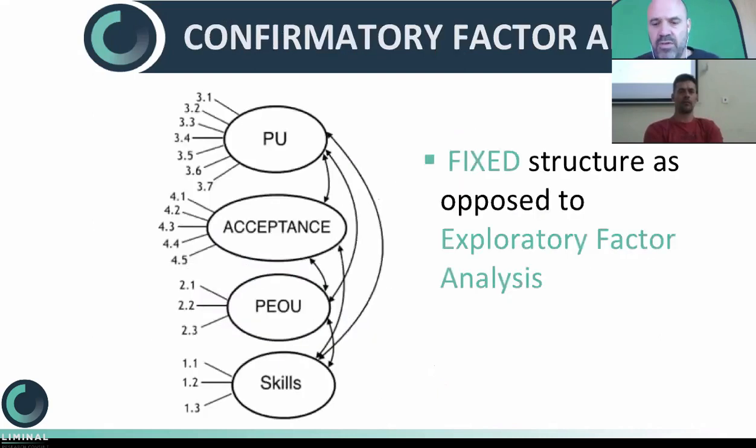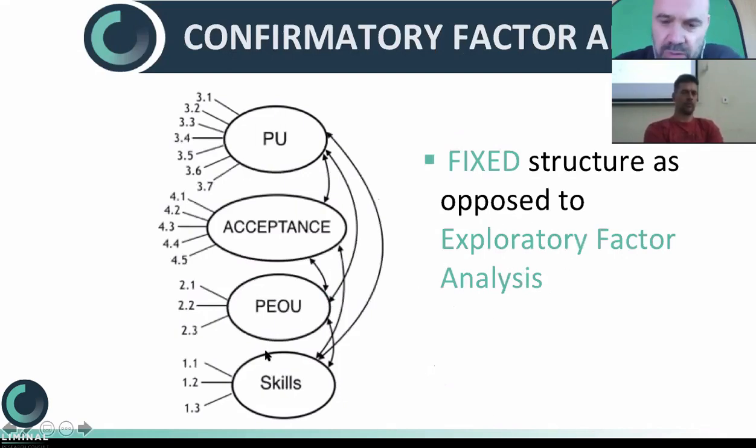Then, if you do confirmatory factor analysis, we didn't talk about that. That's the second step after exploratory factor analysis. So that could be done, say for instance, you did exploratory factor analysis as a first step and determine your constructs.